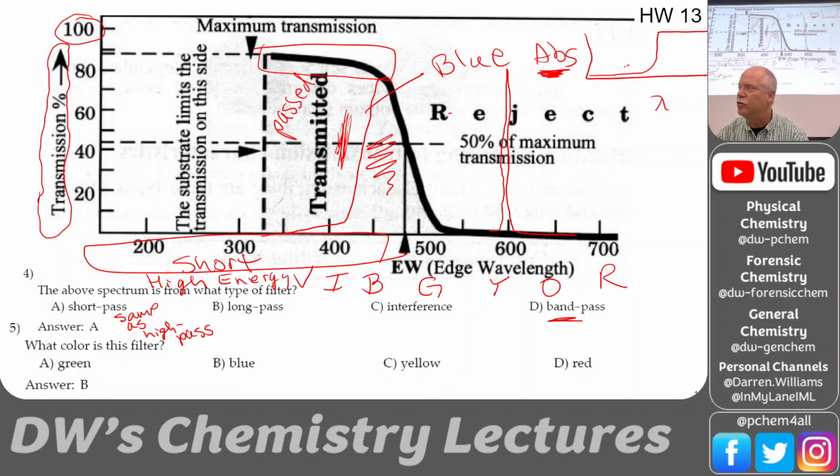We're not absorbing the short wavelengths. And so this would still be a short pass filter or a high pass filter, but it looks the opposite because we've got absorbance here. We're looking at what light is absorbed, not what light is transmitted. And so when there's low absorbance, that's the light that's going through.